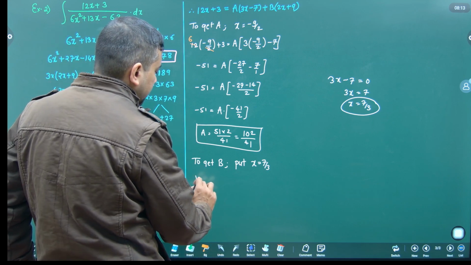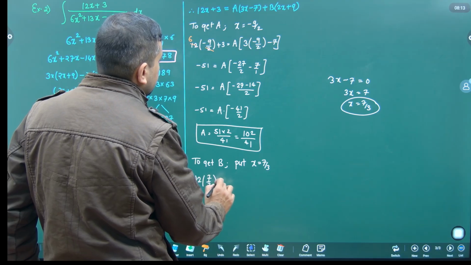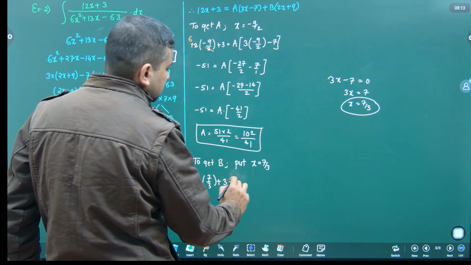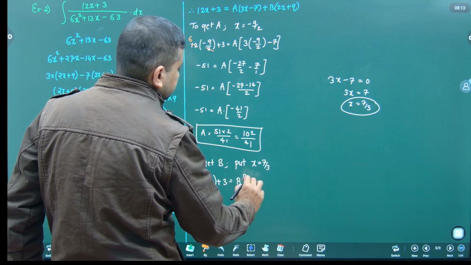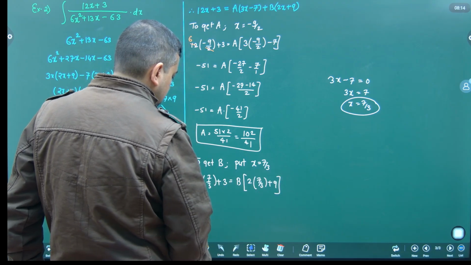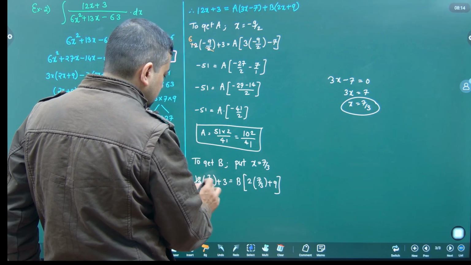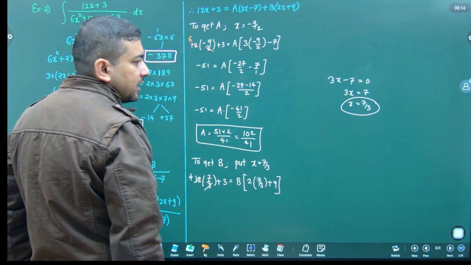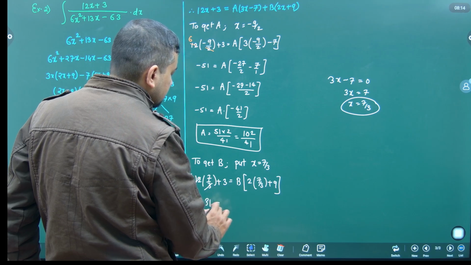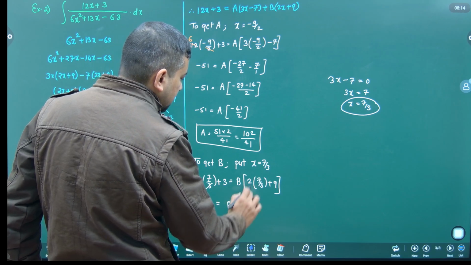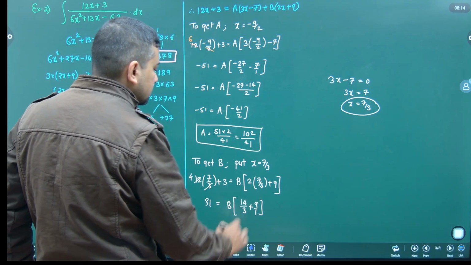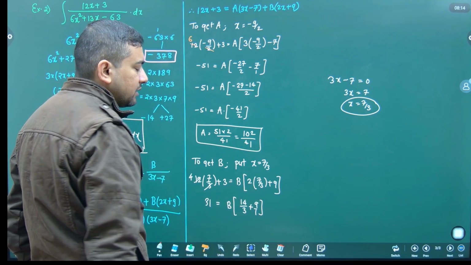Correct? So 12(7 by 3) plus 3 is equal to, A term will be 0. Now see the B term, B(2 into 7 by 3 plus 9). Right? So 3 4s are 12, 7 into 4 is 28, 28 plus 3, 31, is equal to B(14 by 3 plus 9 by 1). Do this. So this is 14 plus 27, 41 by 3.